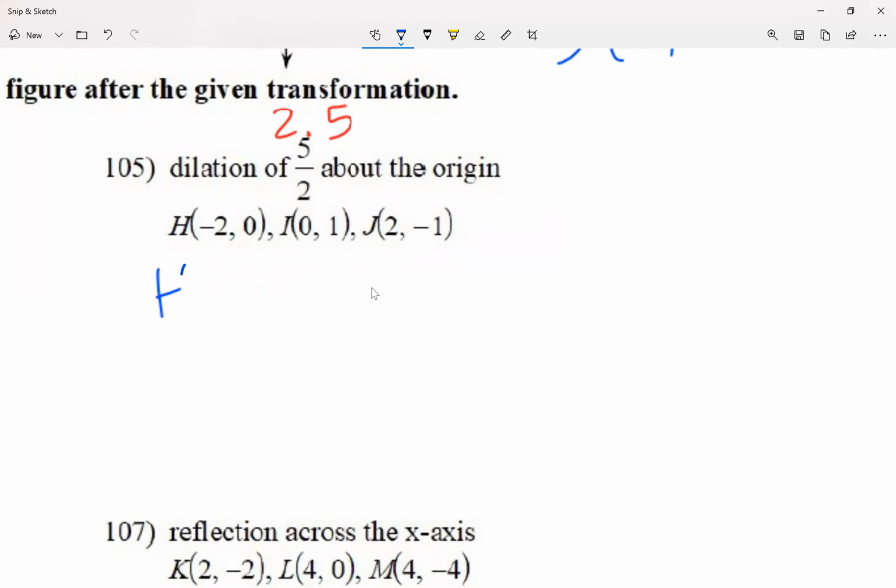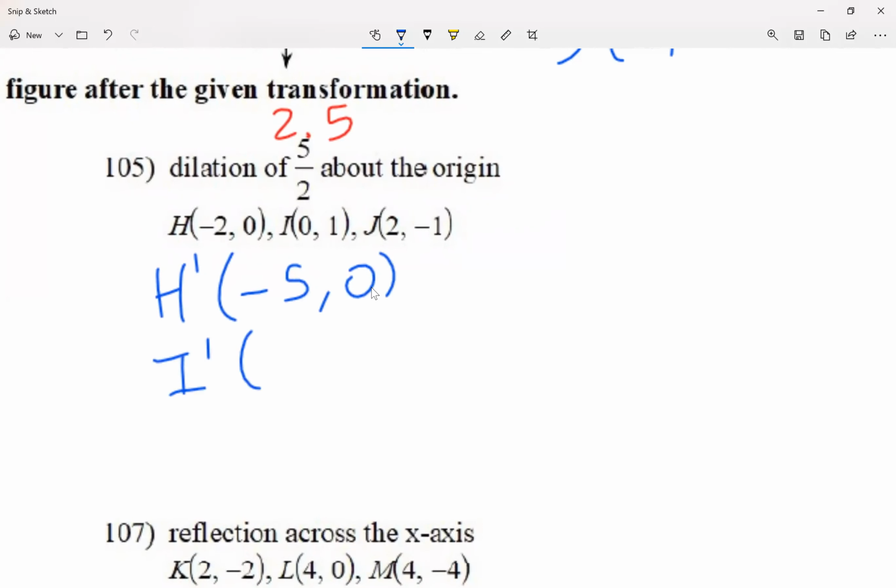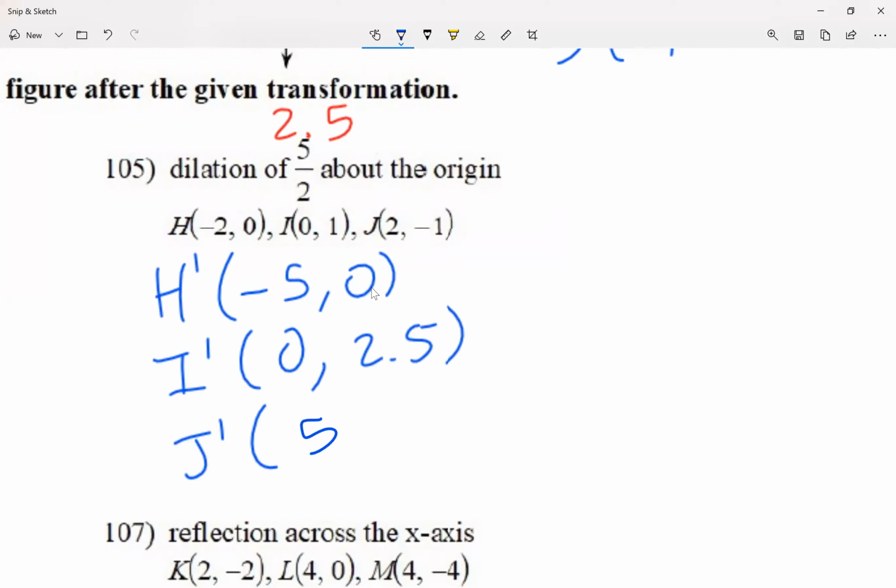So if I wanted to know the H prime, my values will be negative 5, 0. I multiplied each number by 2.5. If I wanted to know my I prime, my values will be 0, 2.5. If I wanted to know my J prime, my values would be 5 and negative 2.5. Again, I multiplied each number by 2.5.